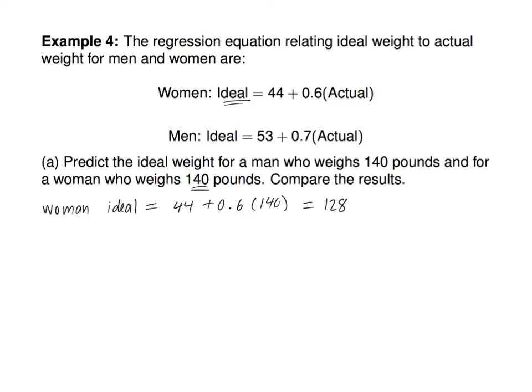Did you also get that? So for the man's ideal, it's 53 plus 0.7 times 140, which is, I got 151. Okay.